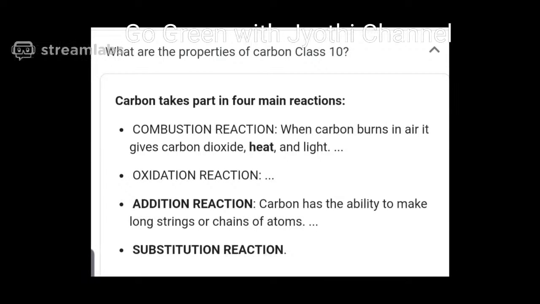It undergoes oxidation, where oxygen combines with it to form carbon dioxide and carbon monoxide.